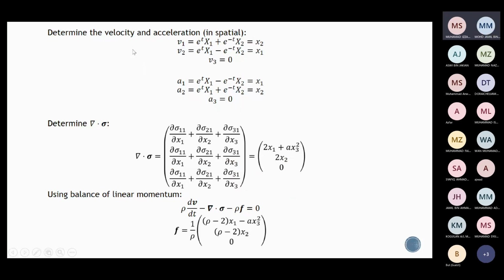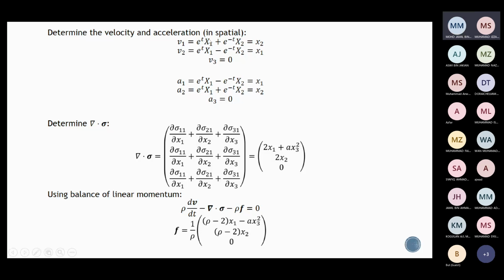Okay, so firstly, we determine the velocity and acceleration in spatial description. So we determine V1, V2, V3. Simply differentiate x1 over t, x2 over t, and x3 over t, the small x. Similar for A1, A2, and A3. So for A1, you differentiate small v1 over t.